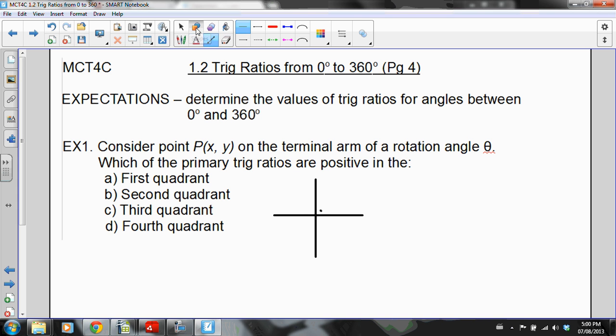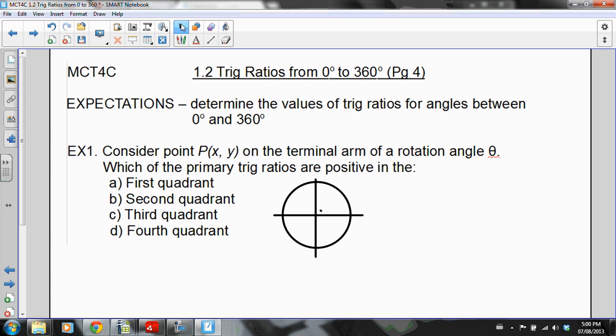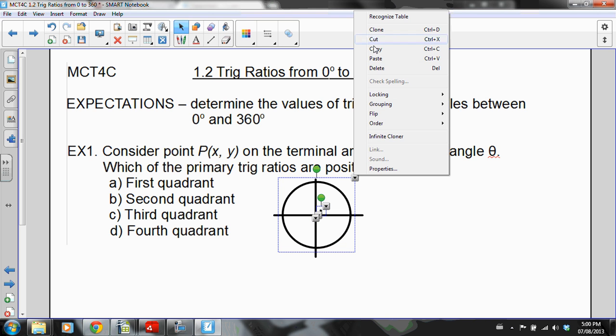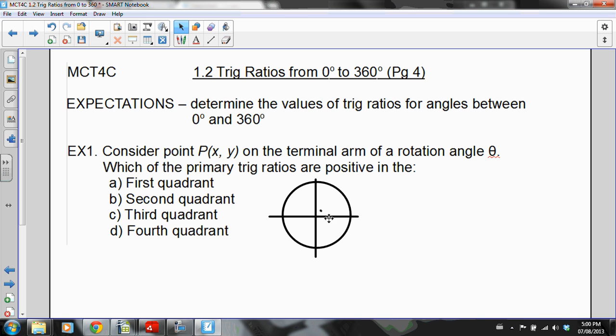Let me see if I can draw a decent circle here. There we go. Oops. Copy that. Oops.